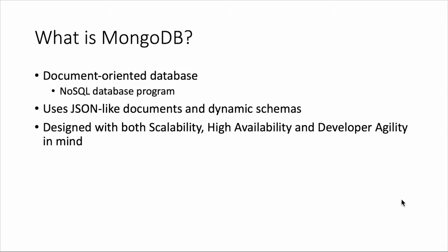So what is MongoDB? Well, MongoDB is an open source database and stores data in a JSON-like document that can vary in structure. It is defined as a NoSQL database, which means not only SQL. There are lots of different types of NoSQL databases.